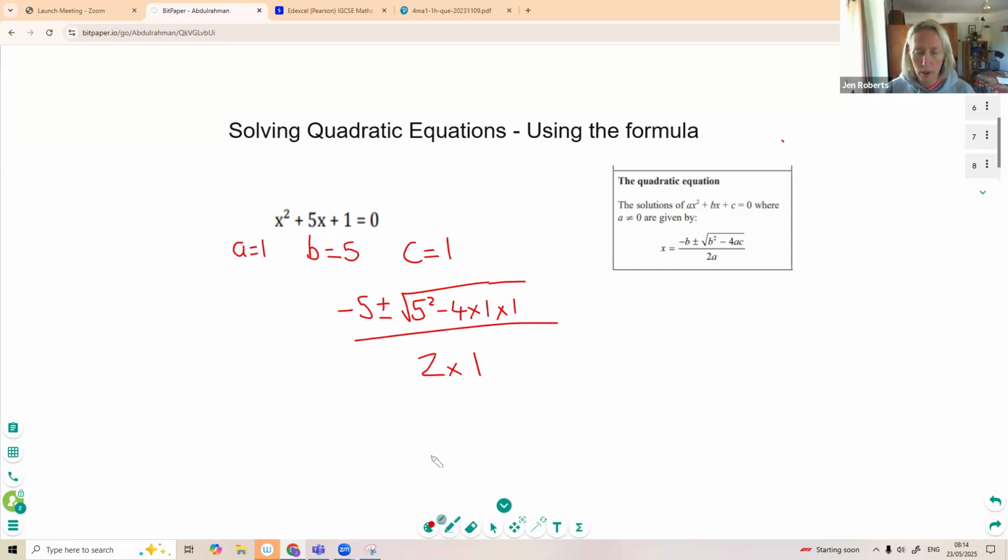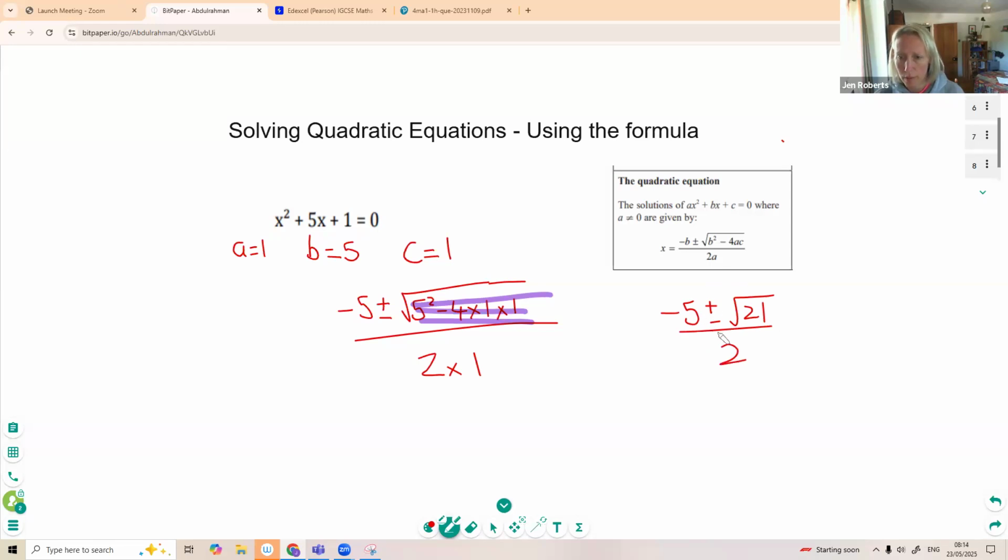If you try to put all this straight into your calculator, it's really easy to make mistakes. So I do this in stages. I work out the bit under my root first. 5 squared minus 4 times 1 times 1 is 21. 2 times 1 is 2.